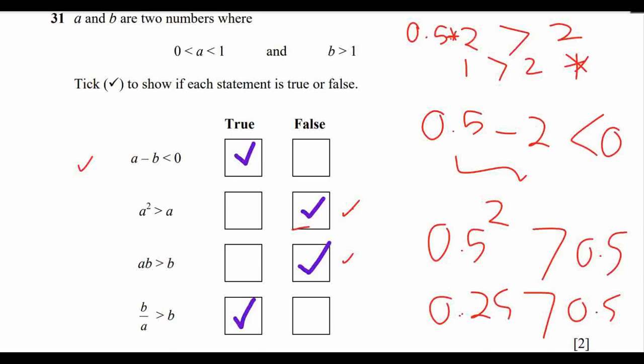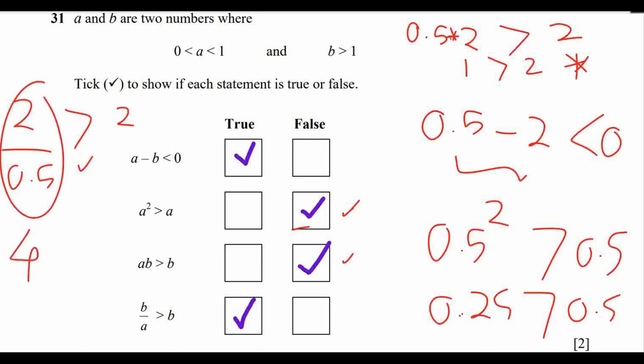B over A, let's say B is 2 over A 0.5 greater than B which is 2. So 2 divided by 0.5 is 4, greater than 2, true. So that's how we got our answer. So just take a number that fits this range and try it out, and you get the answer.